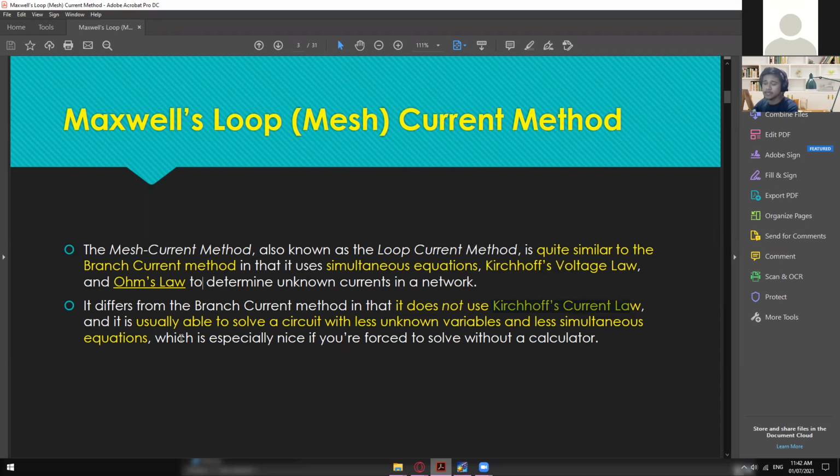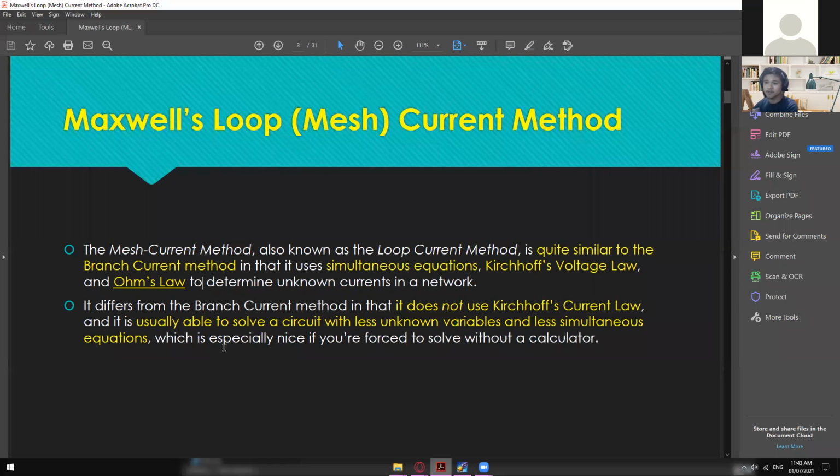And it is usually able to solve a circuit with fewer unknown variables and fewer simultaneous equations. As you guys can see right here, this is much better. It's a lot easier, a lot faster than using Kirchhoff's laws. For example, instead of having five equations in Kirchhoff's law, in Maxwell's you will only have three equations.